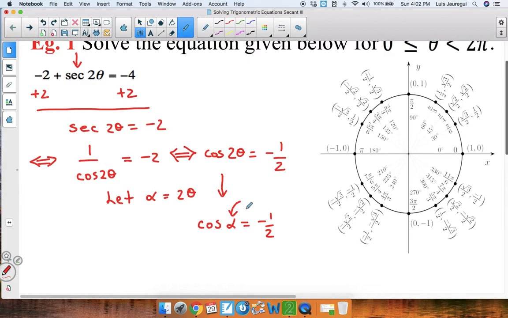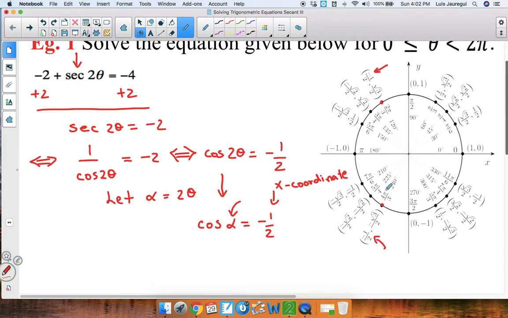Now, in order to solve this equation, we can ask ourselves the following question. What are the angles that will have an x-coordinate of negative 1/2? We take a look at the unit circle here on display. Here's a point that has an x-coordinate of negative 1/2, and the reflection of that point across the x-axis also has an x-coordinate of negative 1/2.